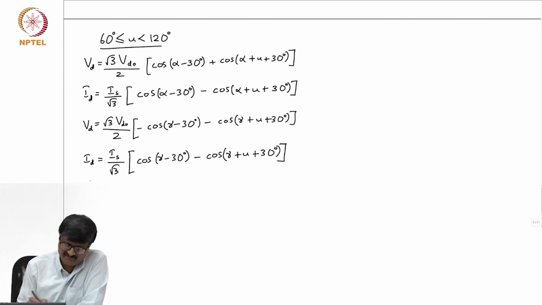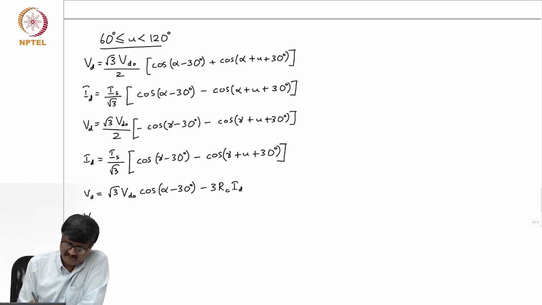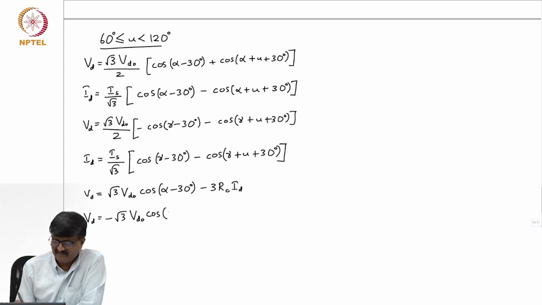Then we have two more equations involving RC. So VD is root 3 VDO cos alpha minus 30 degrees minus 3 RCI, and VD is equal to minus root 3 VDO cos gamma minus 30 degrees plus 3 RCI.